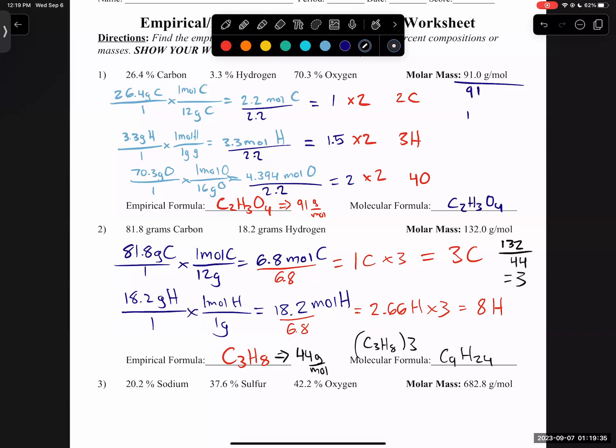If I'm in a gray area, like when it comes to the decimals, where do you round to? Yeah, that's a good point. 2.66 is too high to round down to 2.5. It's too low to round up to 3 or 2.75.